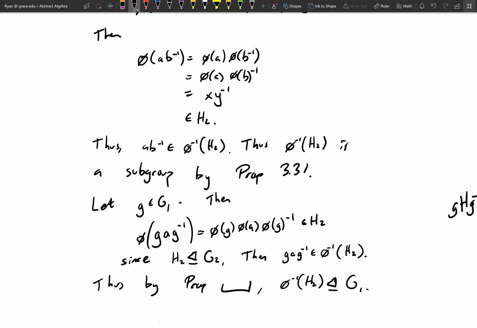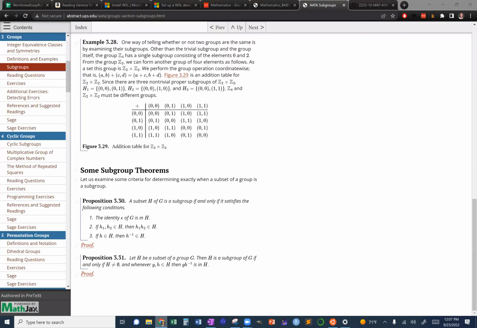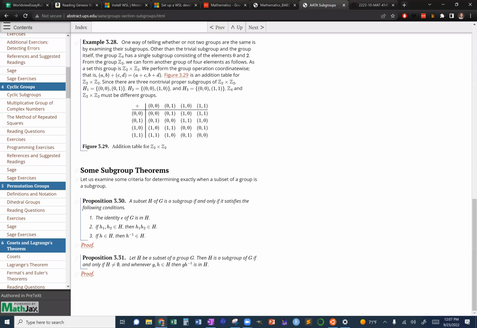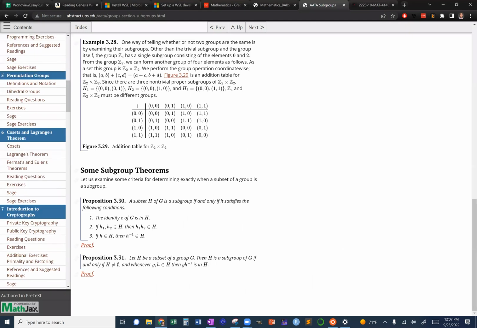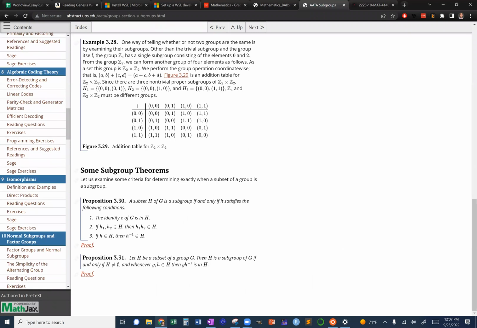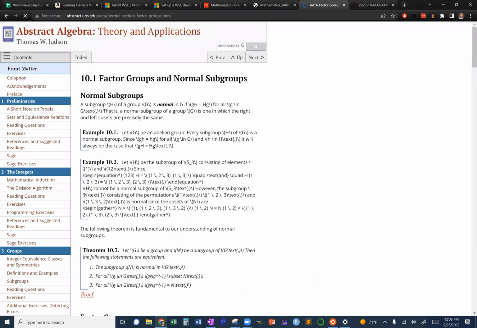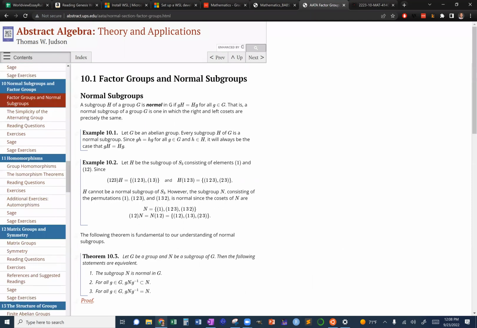Okay, let's find that proposition now. Normal subgroups. Theorem 10.3.